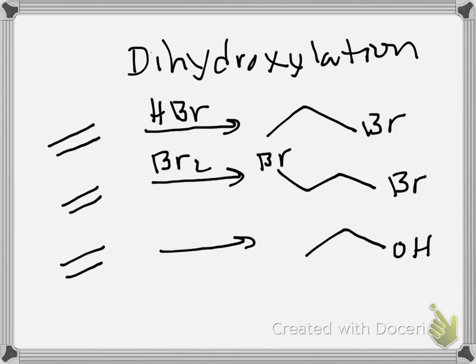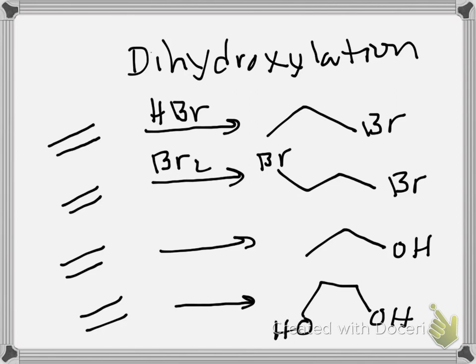What we're going to do in this lesson is learn how to add two hydroxyls to a carbon-carbon double bond. And this is why the name of this reaction is a dihydroxylation reaction.